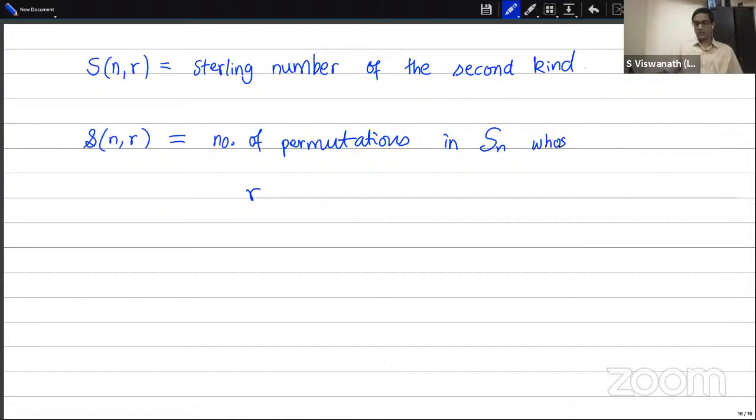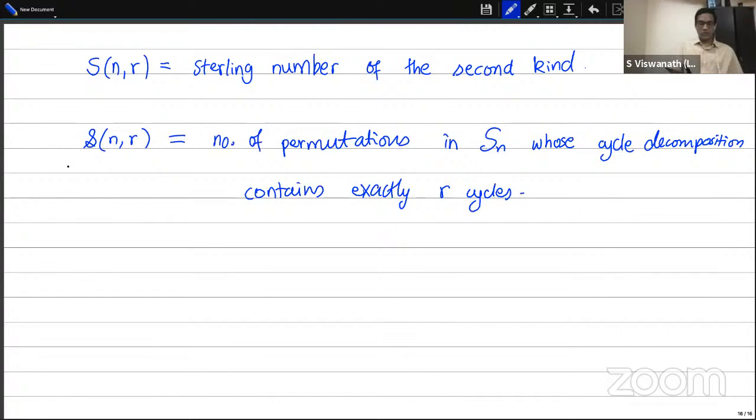When I say r cycles, I will also count all the singletons. Okay, so this number is the Stirling number of the first kind.